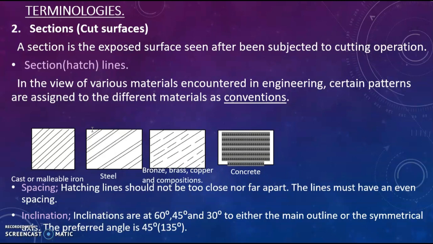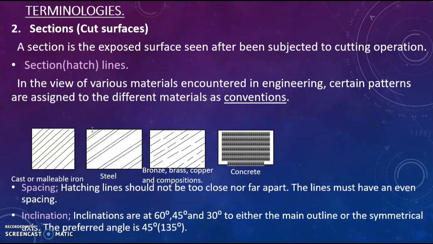the section. And under sectioning, we get to hear about section lines, or some call it hatching lines. What do we mean by a section line or hatching line? In our study of engineering drawing, we will meet many materials.